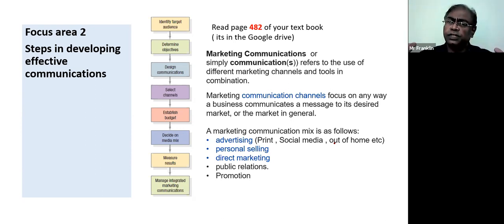So in marketing communication, the challenge that companies have is they need to integrate all these things together, because what they advertise in social media, on your Facebook or your Instagram, must relate with what you do in the newspaper. For example, if RHB is coming up with a new product, let's say, right?